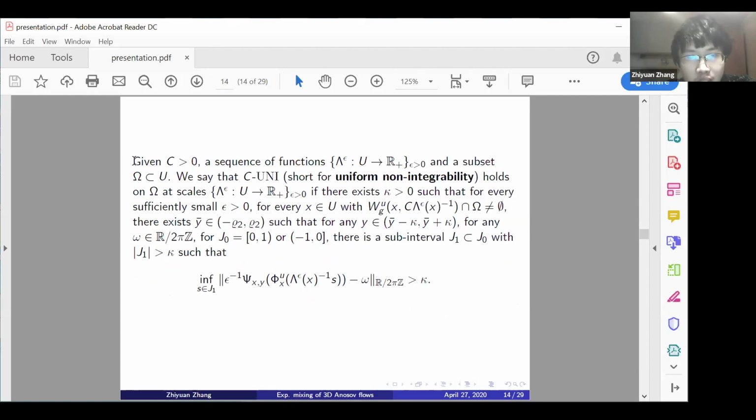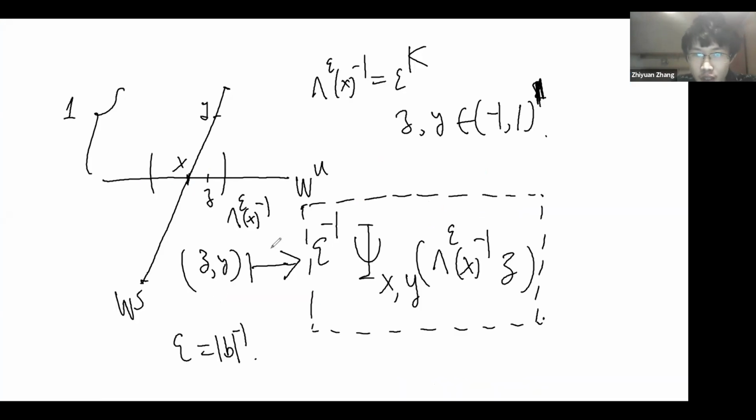The main thing about this scale is the following. It's called the uniform non-integrability condition. We will find this scale so that, let me write it directly here. Remember this is a function of 2 variables, right?